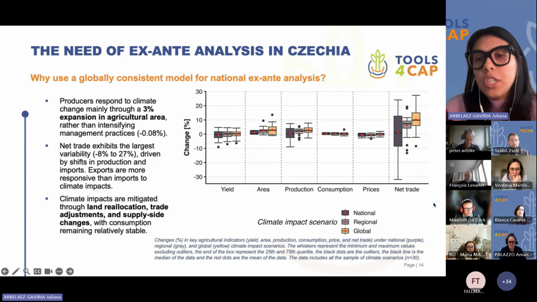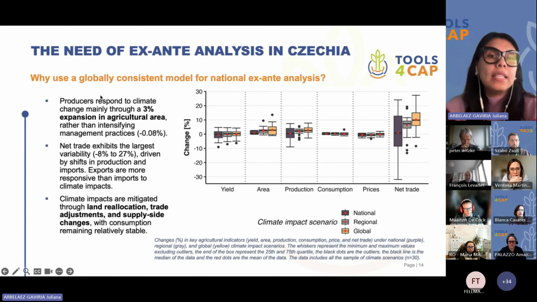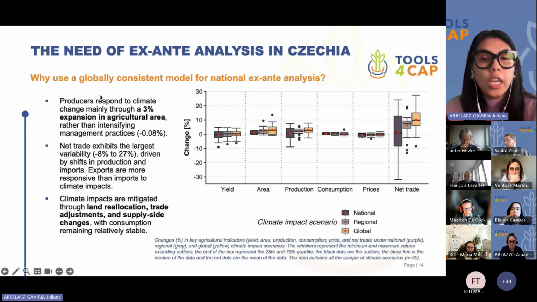And here I just wanted to point out that when we do not include impacts in the rest of the world, the domestic dynamics change broadly, especially when we look at how agricultural production in Czechia will respond and adapt.